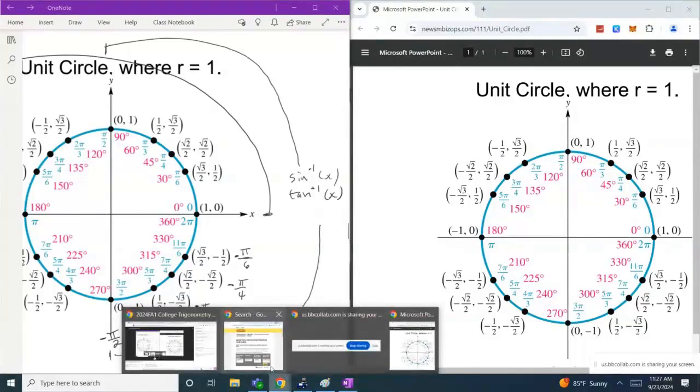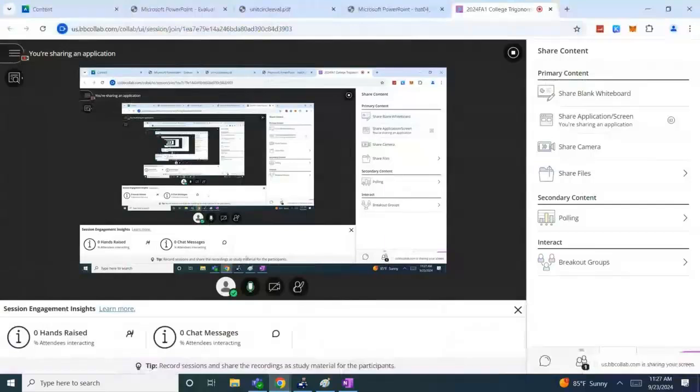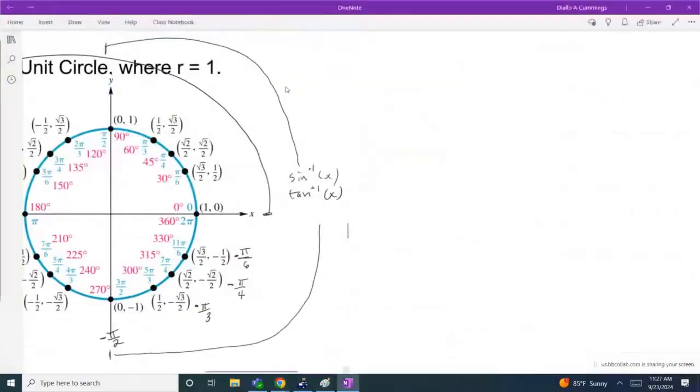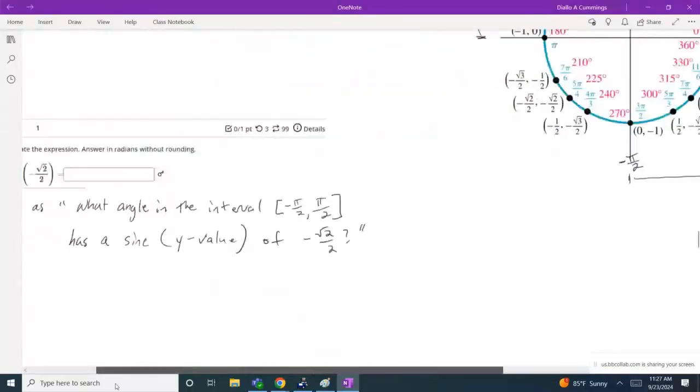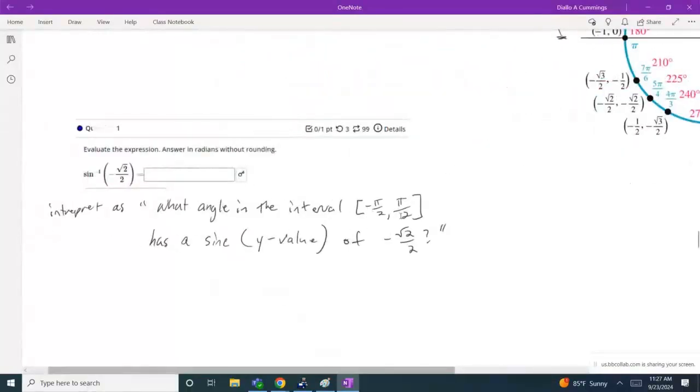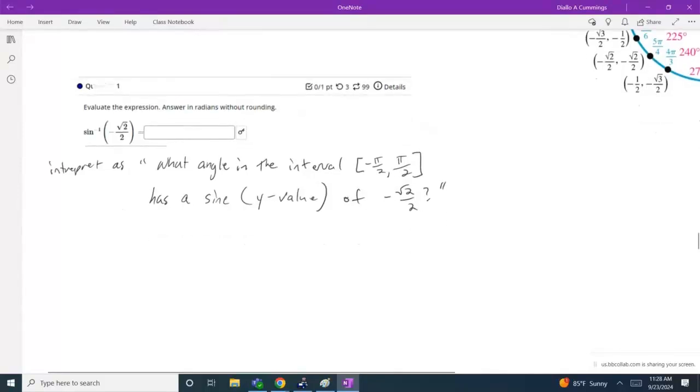So for my particular problem, what angle in the interval from negative pi over 2 to pi over 2 has a sine, which is a y value, of negative square root of 2 over 2? My angle measure is negative pi over 4.